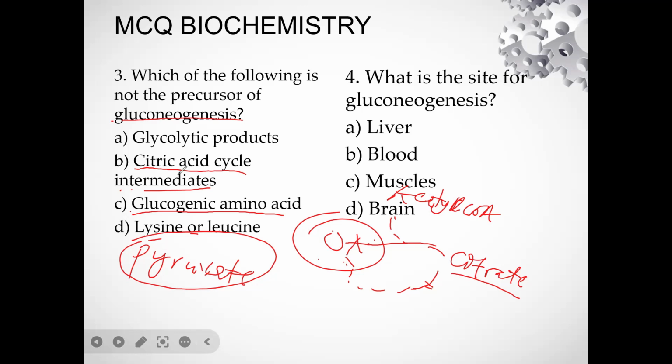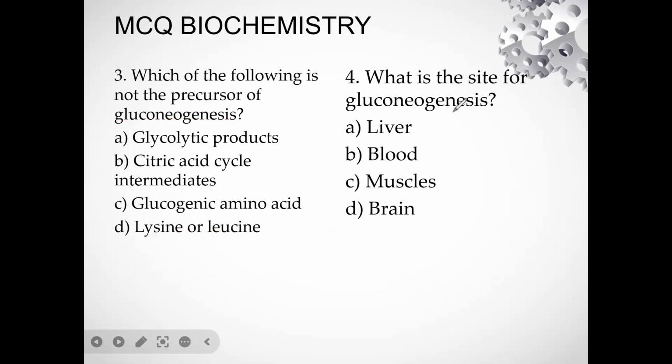Then the next question, which is question 4, says, what is the site of gluconeogenesis? From our previous questions, we said that gluconeogenesis takes place both in the liver and the kidney.